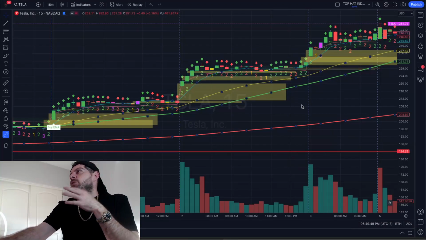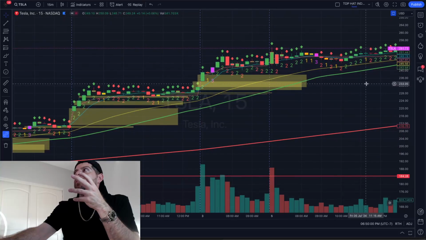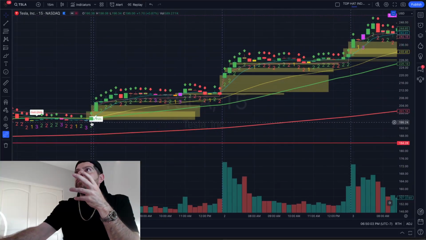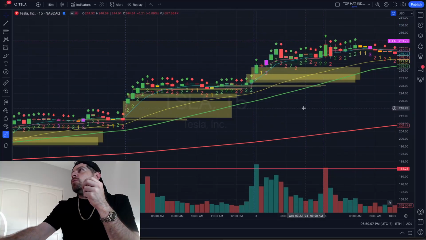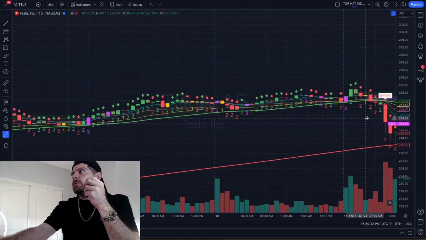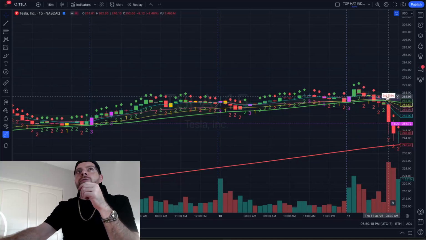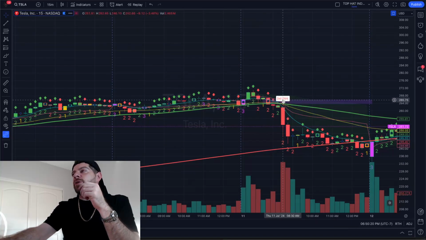Let's just say today we got into this play on the buy EMA using the 15-minute chart. As you can see, from about 201 all the way to 273, we never received another indicator like this, which is the sell EMA.